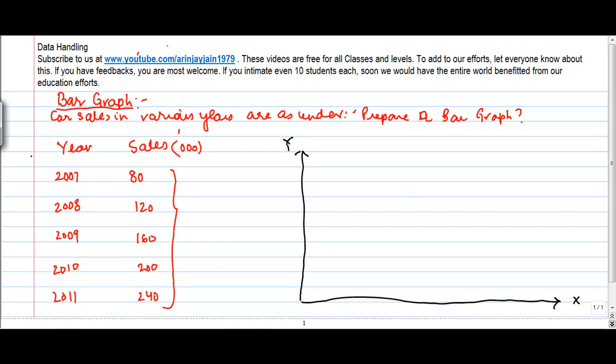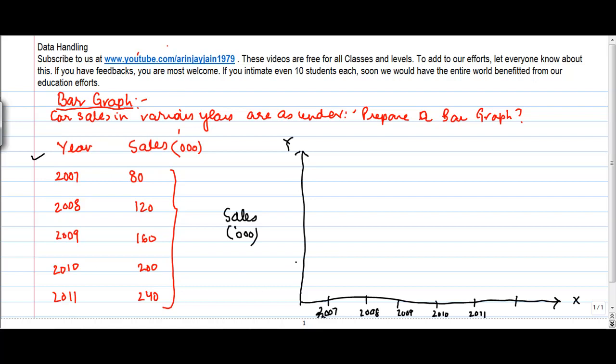You represent one of the data on the x-axis, which is, let's say, year. So let's say this represents 2007, 8, 9, 10, 11. And let's say the y-axis represents the sales in thousand.